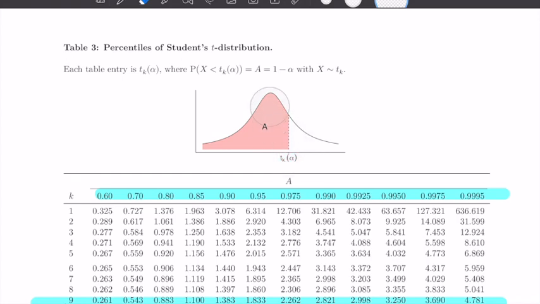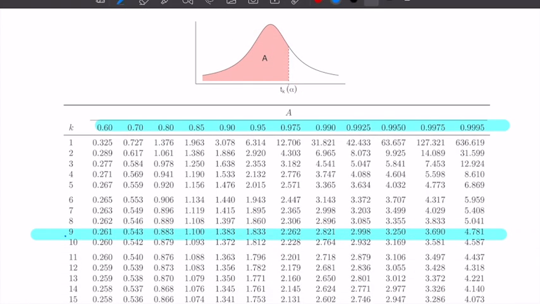Let's see. So if we want to test by, let's say, 5% significance level, we look at this one, 0.95. So this means this area will cover the 95% of the area under the curve. So that means the remaining region here is only 5%.